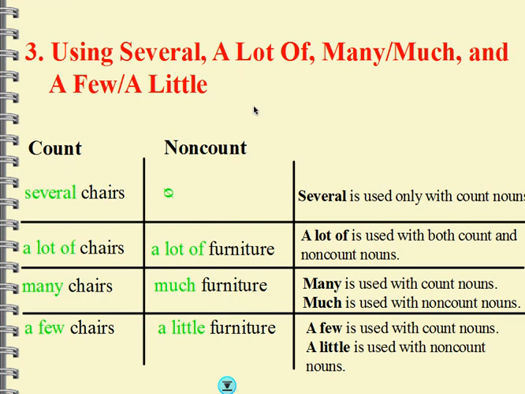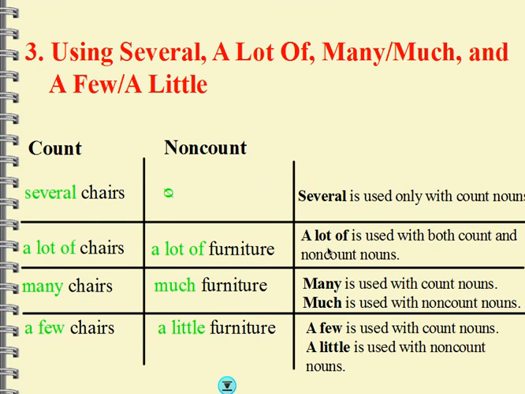Moving to subtitle 3. Using several, a lot of, many versus much, and a few versus a little. When I have a count noun, I can say several chairs. When I have a non-count noun, I cannot use several. So several is used only with count nouns. A lot of chairs, a lot of furniture.